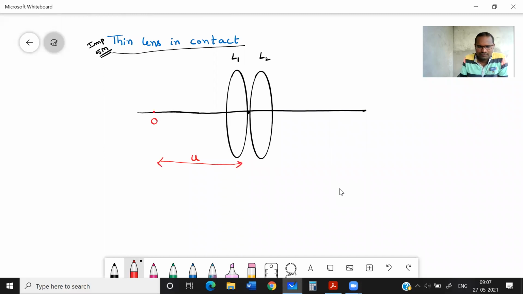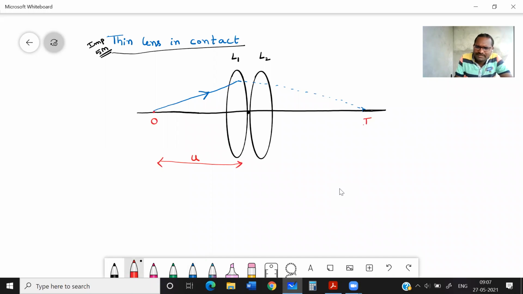Now what happened first? One ray will originate from the object and be incident on the first lens L1, and this first lens L1 will form a real image somewhere here.